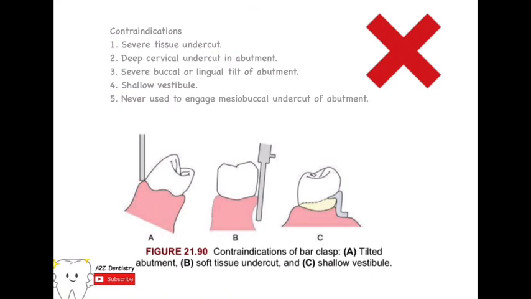So it cannot be given in cases of shallow vestibule, and this can never be given to engage a mesiobuccal undercut. It should always be given to engage a distobuccal undercut. Even in Kennedy's class 1 and class 2, we are giving this only to engage the distobuccal undercut. It can never engage a mesiobuccal undercut, right?